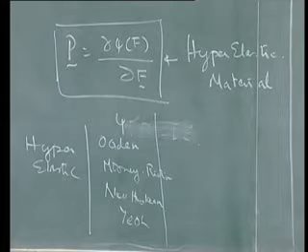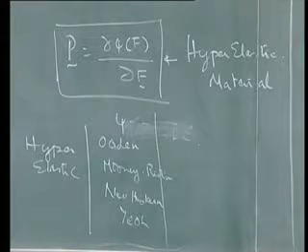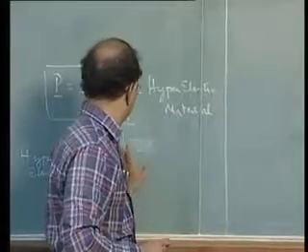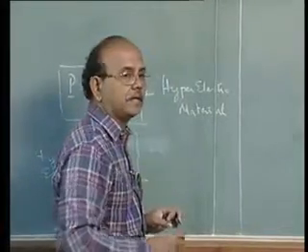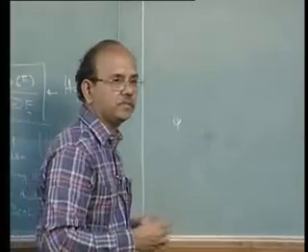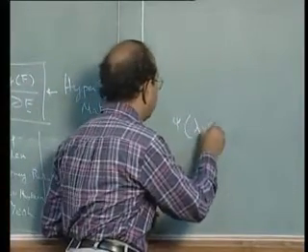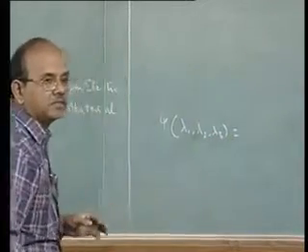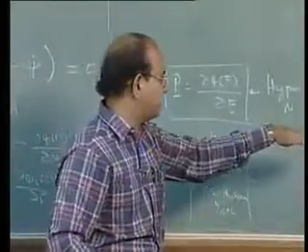Let me write down one function. If you look at a Mooney-Rivlin function or say an Ogden function, then usually you write this in terms of stretch, say lambda 1, lambda 2, and lambda 3. Though I'm preempting some things, you may not understand it completely.